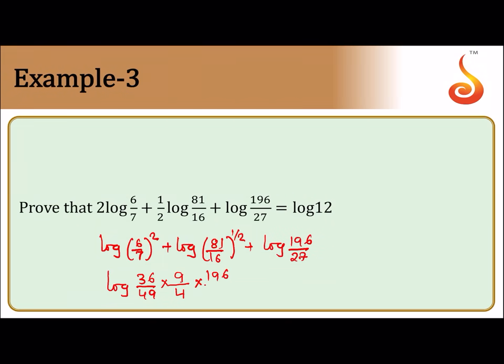Log of 36 by 49 into square root of 81 which is 9, square root of 16 which is 4, into 196 by 27. You all know simplification. When you cancel it, you get log 12.